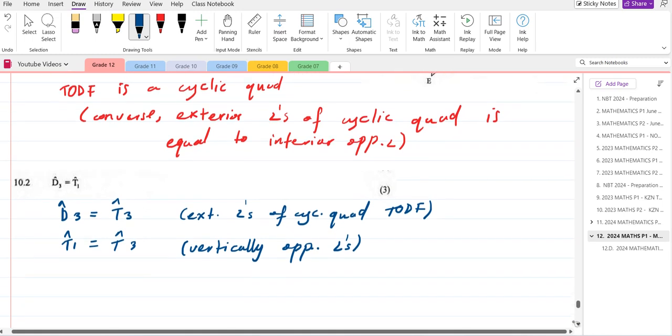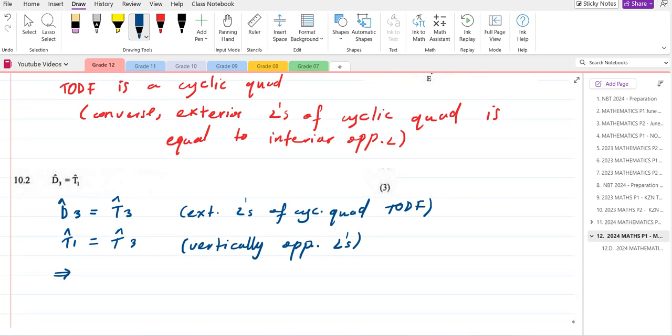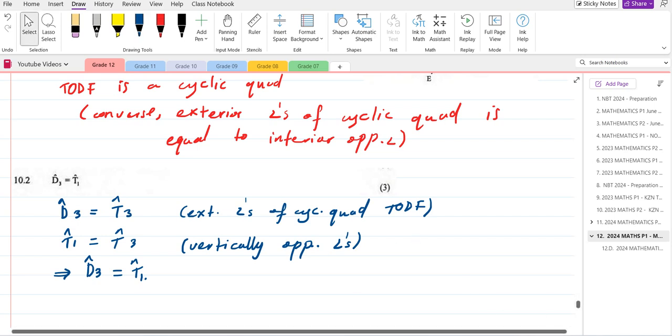This implies D3 equals T1 because both are T3s, right? I hope you guys are understanding. Perfect. So far so good, nothing difficult, right? So first two questions, easy peasy, 4 marks, 3 marks, 7 marks we've got.